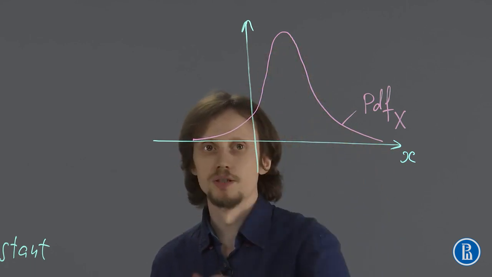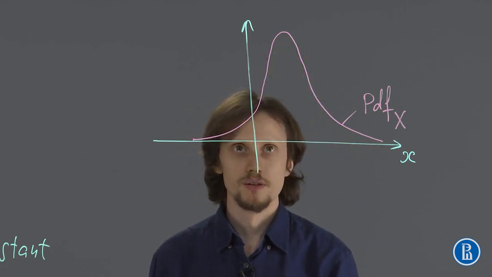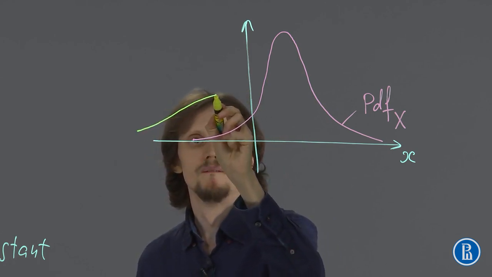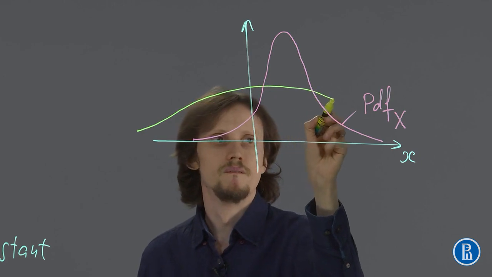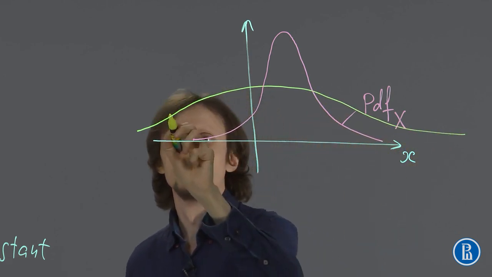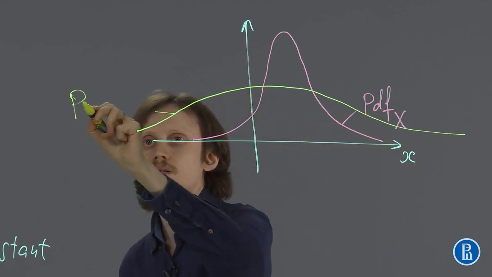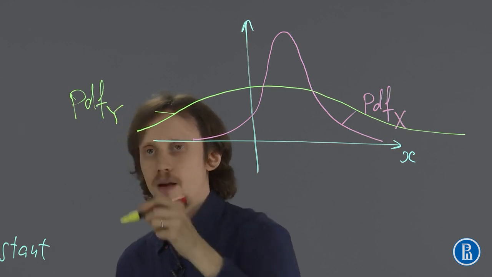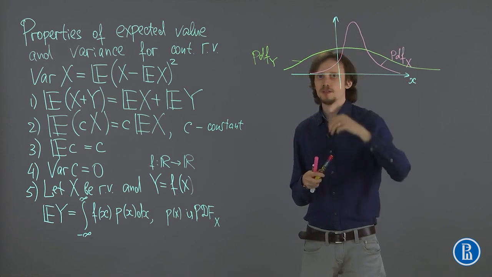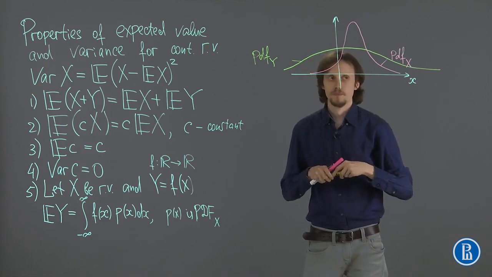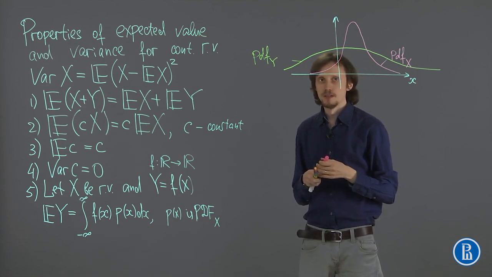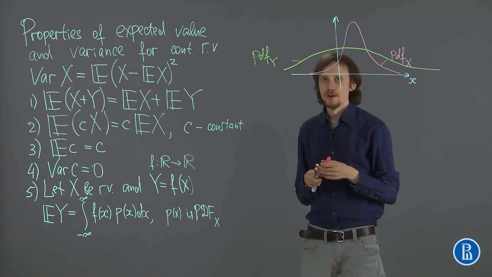This is a probability density function of first random variable, and this is probability density function of second random variable. Which probability density function, do you think, defines random variable with larger variance?